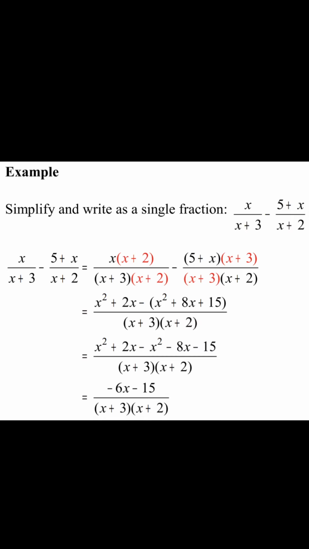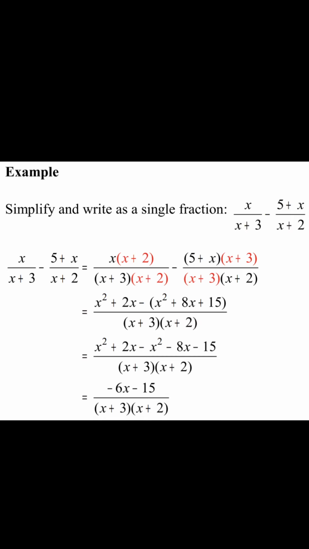And finally you have the last line, the fourth line, which simplifies the numerator further, and that turns out to be negative 6x minus 15. So if you do the calculation from the previous numerator, you can see that's what you end up with. There's two lots of x squared there, and that's eliminated, as you can see.